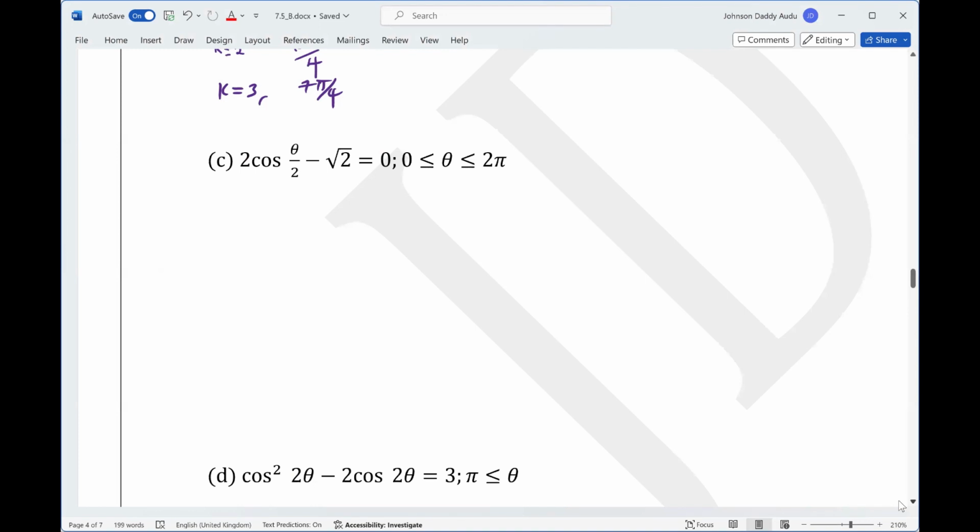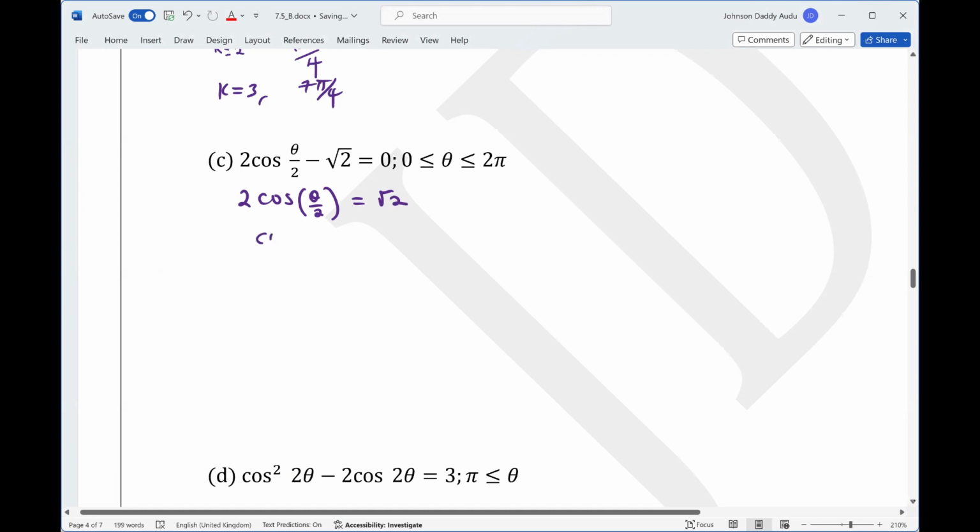So this we can rewrite as: 2 cosine theta over 2 equals root 2, right? And that means that cosine theta over 2 is just root 2 over 2.